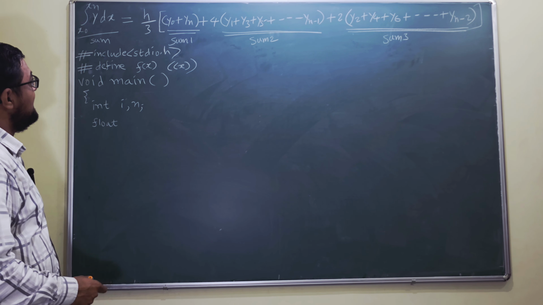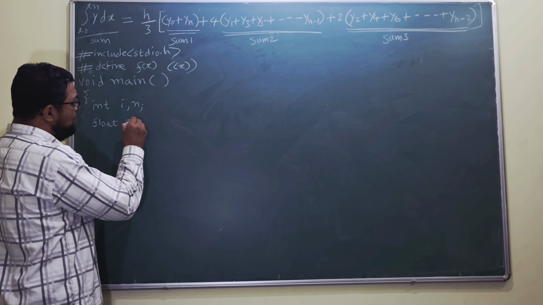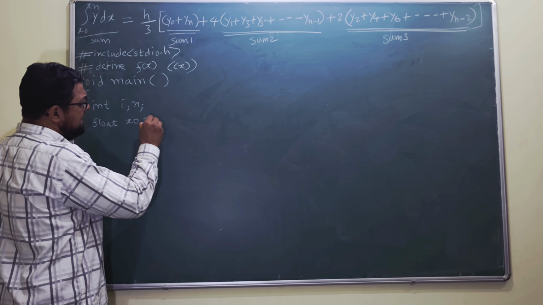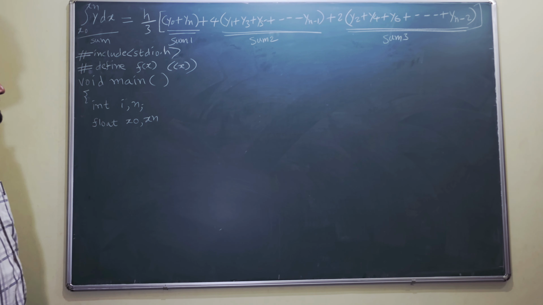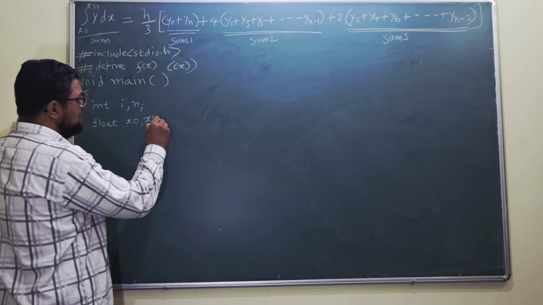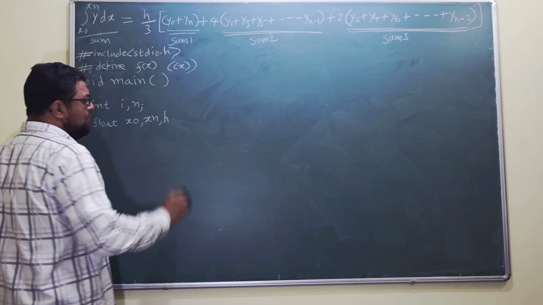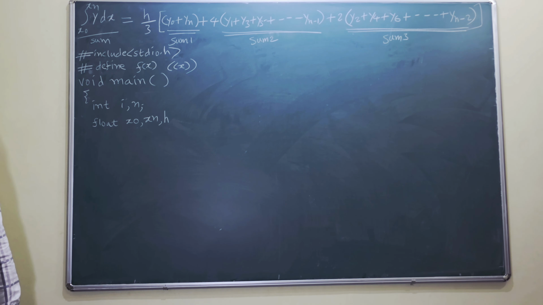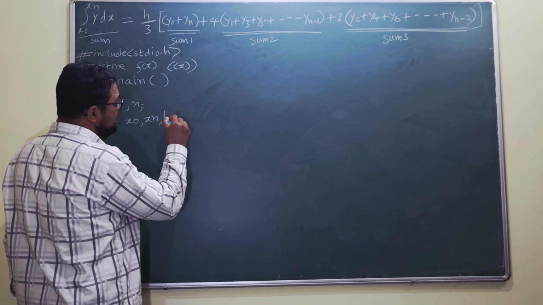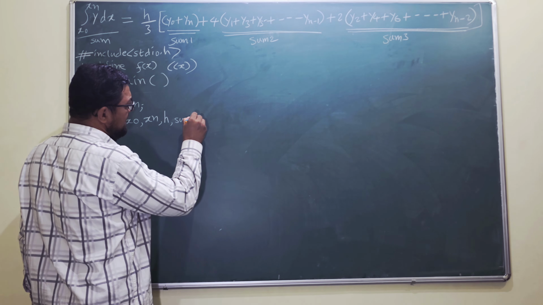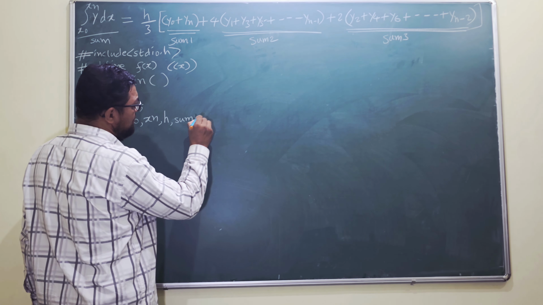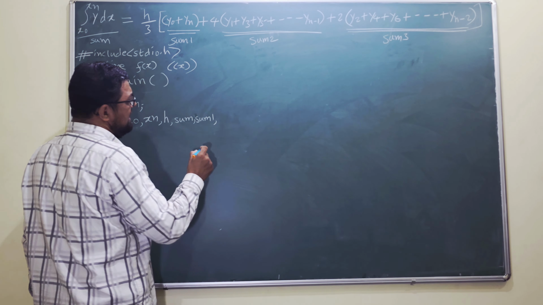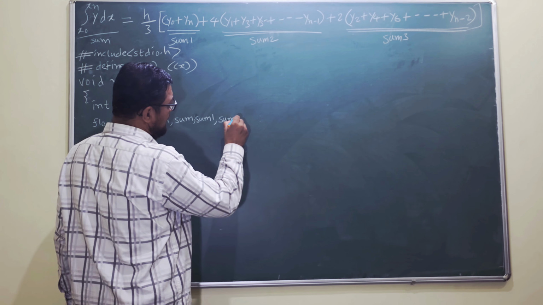The first variable, say we need x0, that is the lower limit. Then xn, that is the upper limit of the integration. Then we need small h, which is nothing but the interval size. And then we need sum, sum1, and sum2.